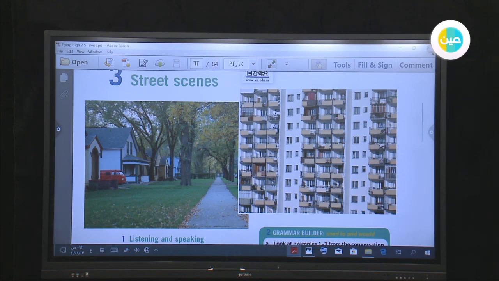They have balconies. And what can you see also in these pictures? Yeah, small areas. Maybe they have also play gardens, and so on. These are the two photographs.